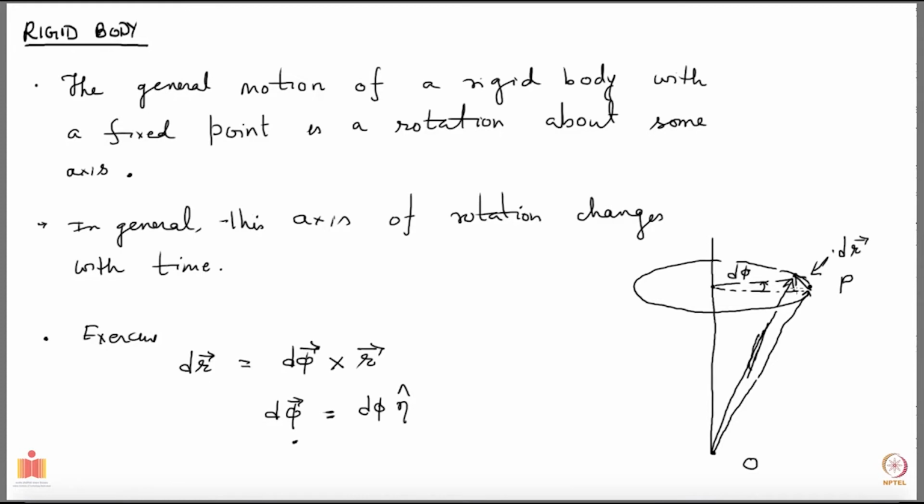So your velocity v is dr divided by the time interval dt. So you get d phi over dt cross r, and I define d phi over dt to be omega.